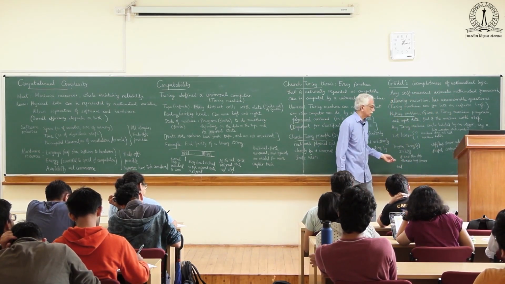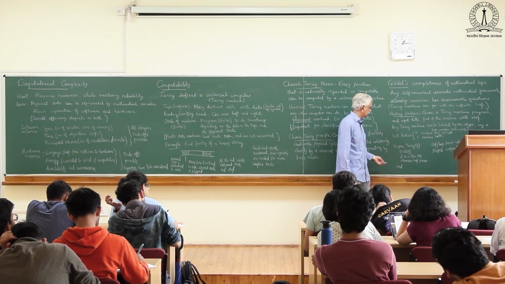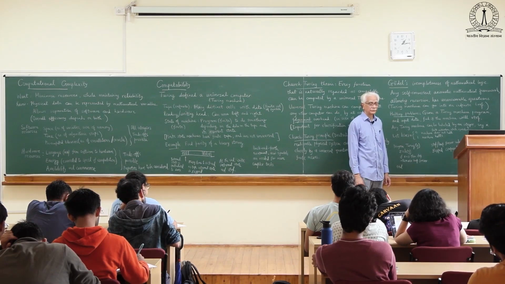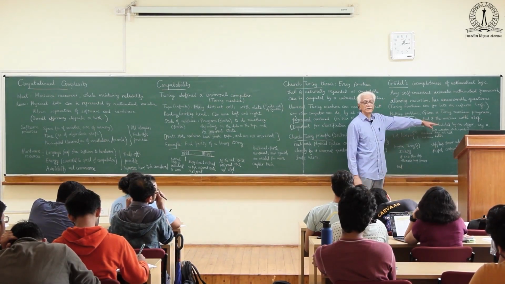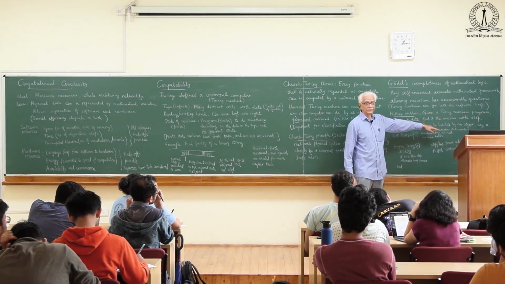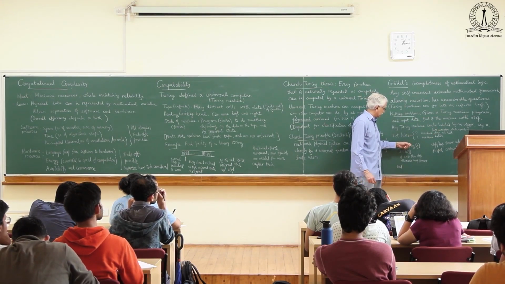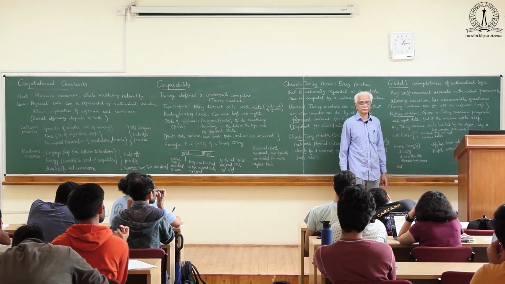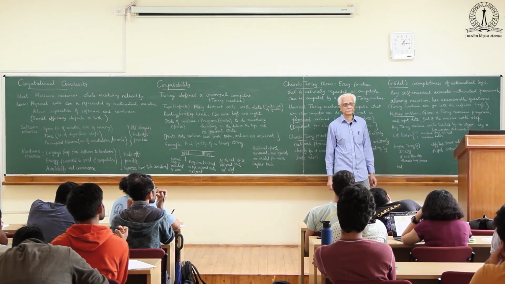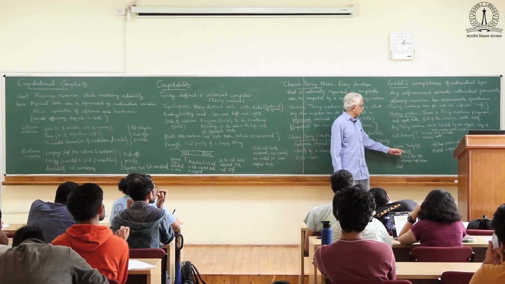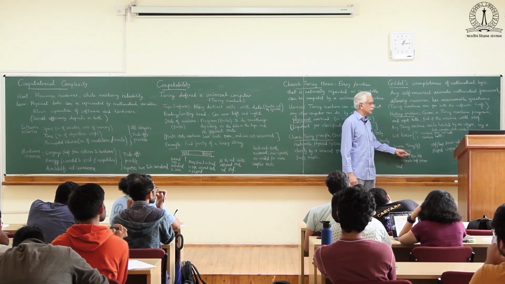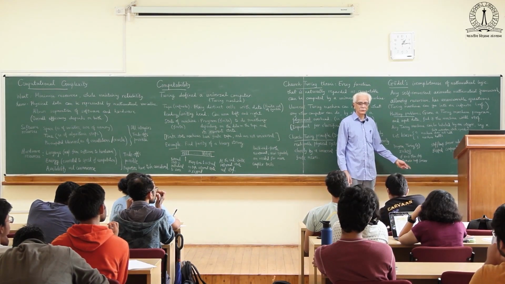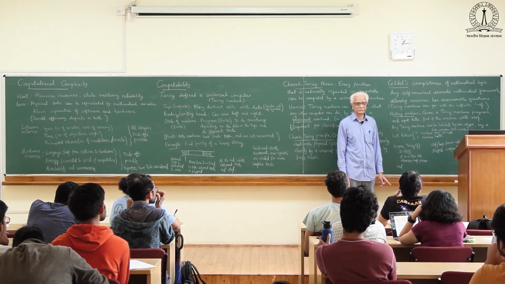So what will happen? This is a Turing machine. It will have its own integer label. So I run this Turing machine with its own integer label. And then it will stop when it is not supposed to stop, and it will loop forever when it is supposed to stop.